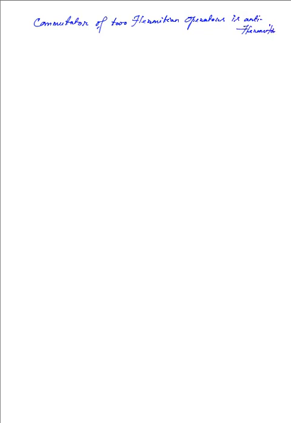Let's see. Well, suppose we have two operators, let us say A and B, and they are Hermitian, which means their adjoint is going to be equal to themselves. So there's no issue with that because we have considered that.